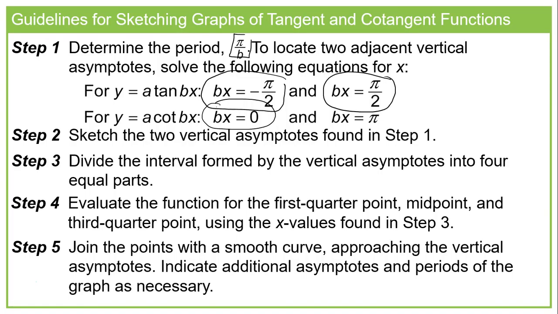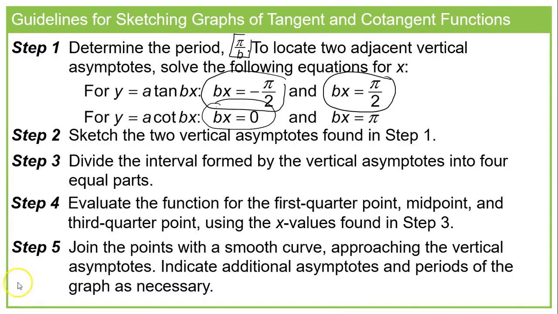And then you evaluate the function for the first quarter point, the midpoint, and the third quarter point, and then after that, you join all the points with a smooth curve. And remember, at vertical asymptotes, make sure it's approaching that vertical asymptote on either side of the graph that you are graphing for your tangent and cotangent functions.